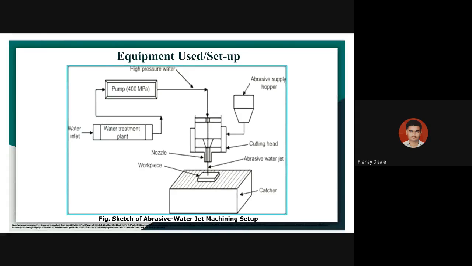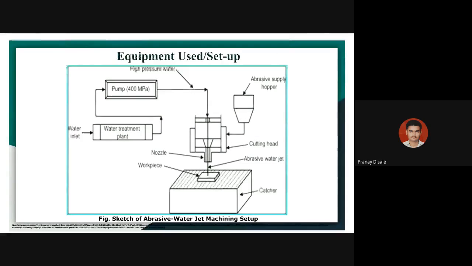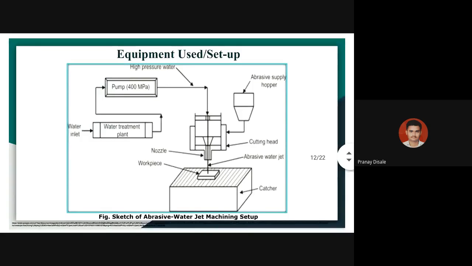Then that high pressure water jet will come to the nozzle part. Before that nozzle there is a mixing chamber. In that mixing chamber there is a port for abrasive insertion, the abrasive port, and on that port we have the abrasive hopper. For what purpose is the hopper there? To give the abrasive particles.